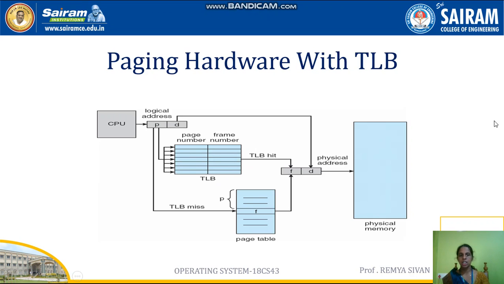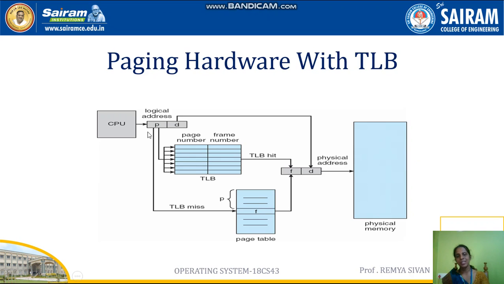Your logical address is divided into two parts: the first part is the page number, the second part is the offset. Using the page number, you can search your TLB, whether that page number is available in the TLB or not. If the page number is available in the TLB, go to the corresponding frame number column and get the frame number. Using that frame number and your offset, you can access your actual data from the physical memory. That is the first step.